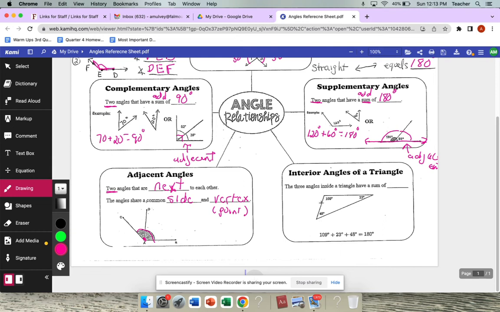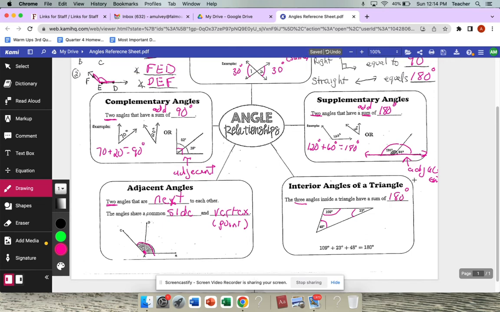And then I'm just going to finish this sheet out. Interior angles of a triangle we have done for a few warm-ups. The three angles in a triangle. So if I add this angle and that angle and that angle, I have to get 180 degrees. So the sum of the angles inside a triangle.